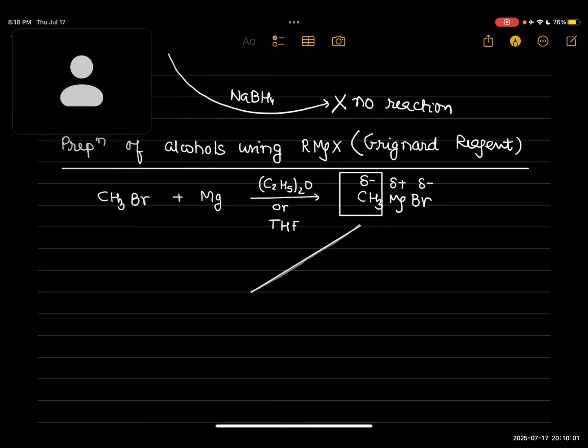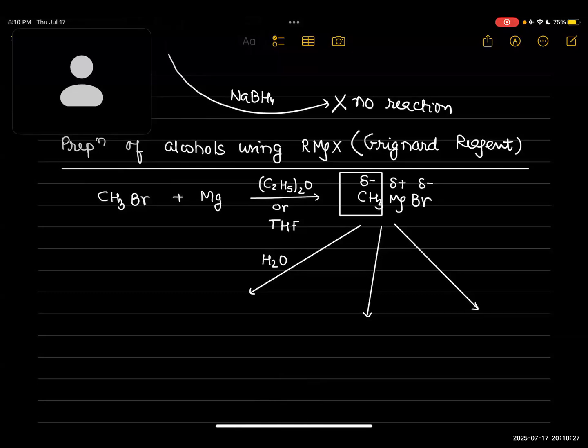So suppose if you react it with water, what will happen? What ions are present in water? Aisha, Marwa, Jasleen, tell me. OH minus.